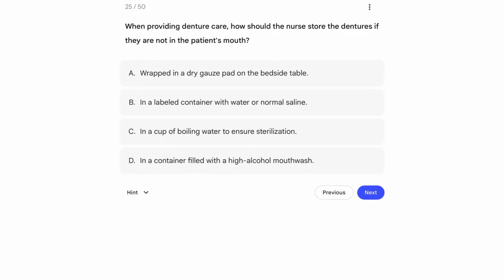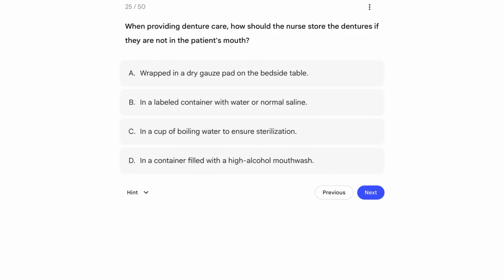Option A, wrap it in a dry gauze pad on the bedside table. So with the help of dry gauze pad, wrap it and keep it at bedside. Is that the answer? Option B, in a labeled container with water or normal saline, you keep and soak it in it. Is that the answer?